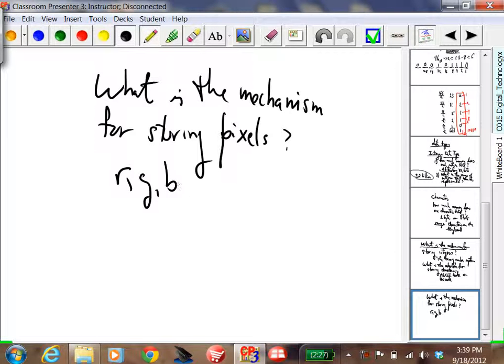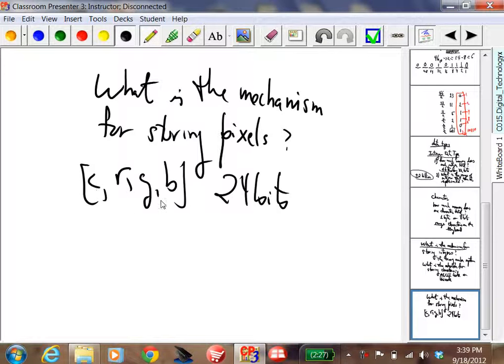That is, there's a red byte, a green byte, and a blue byte. Okay, so 24 bits there, or 32, because often there's a control byte over here. It's usually written this way: Control RGB.